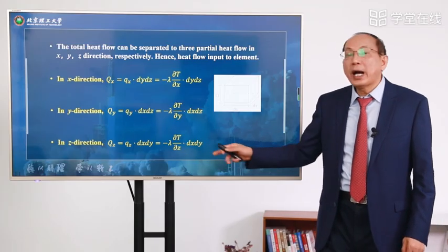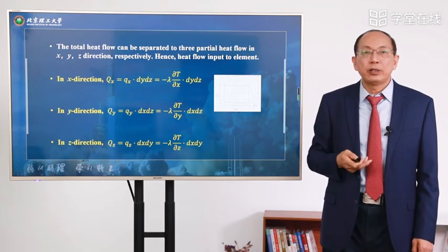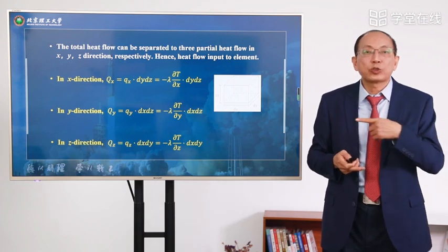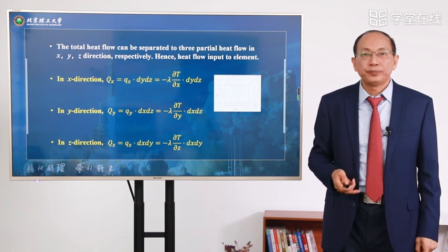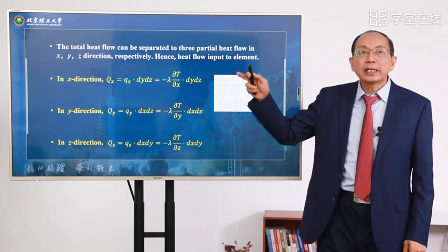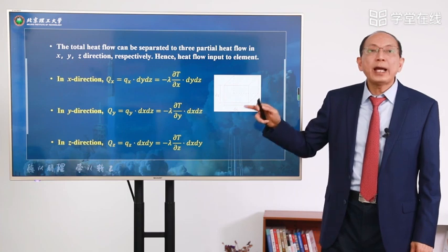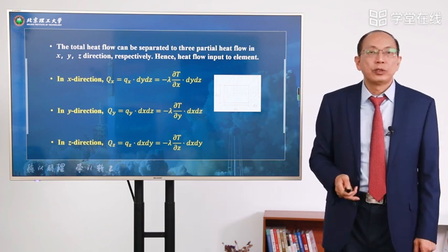Here dx dy is the section area normal to the z direction. Here are the x, y, z directions.